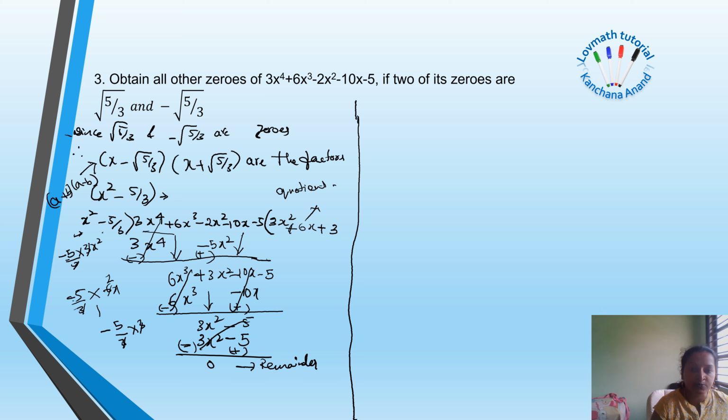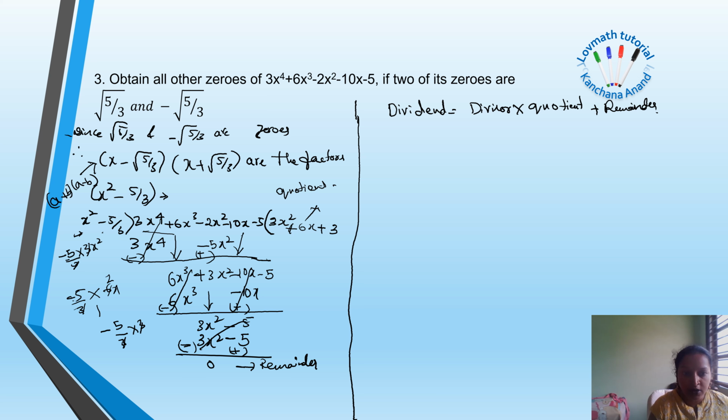Now please observe carefully. Here I am using one of the formulas, that is dividend is equal to divisor into quotient plus remainder.